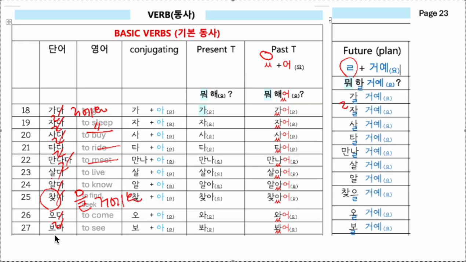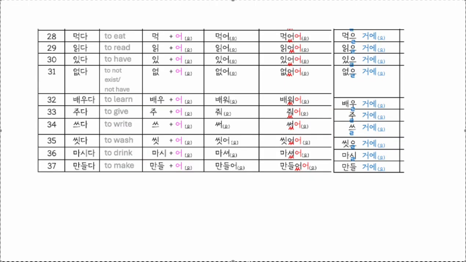Here 올 거예요, 볼 거예요. Next one. It has a 받침 here, so you have to add 을: 먹을 거예요. Of course, you are dropping all the 다's, right? 읽을 거예요. 있을 거예요. 없을 거예요. It doesn't have a 받침, so you will put 배울 거예요.